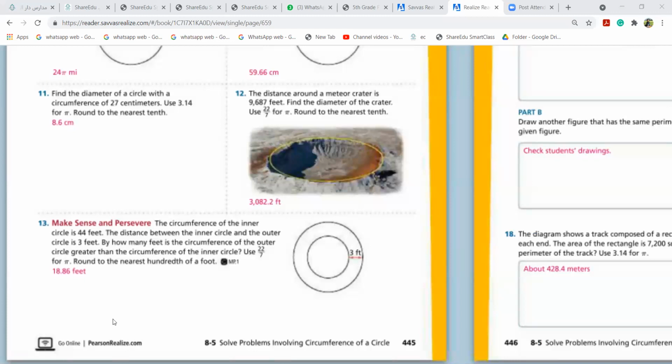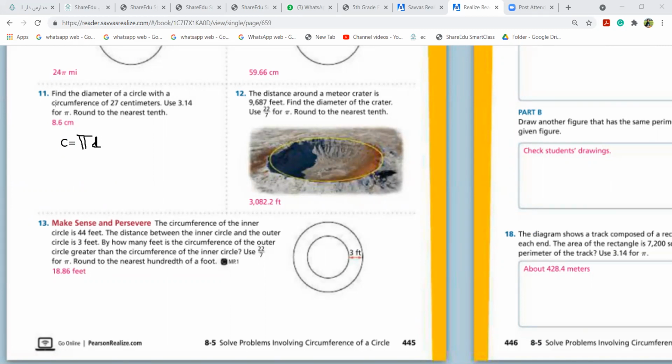Okay. Now this question, again, first thing is always I'll write the formula. What is the formula, Zishan? C equals pi d. So they gave you the circumference. Read the question.